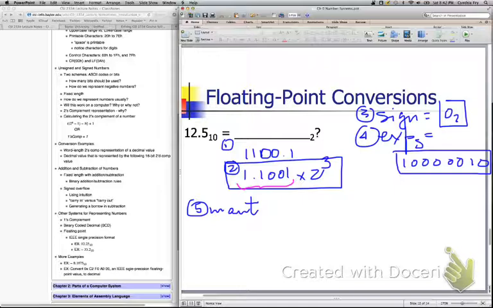Not a problem, because this is a relatively small value in terms of the number of binary places I need. But what if this is something that is a transcendental number or has an infinitely repeating binary place? What if I had something like 1 point, oh, writing is hard.